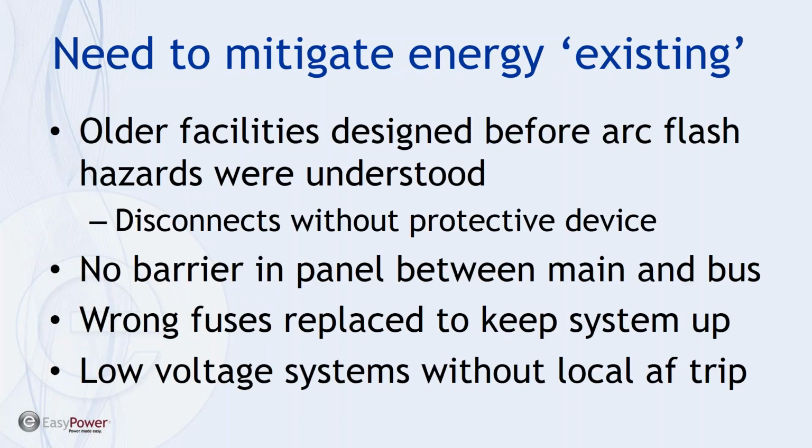So now the need to mitigate energy in an existing facility comes from several different sources most frequently. For instance, in older facilities that were designed before arc flash hazards were understood, frequently we'll find areas where the arc flash hazard is actually higher in a low voltage area than it is in high voltage or medium voltage.